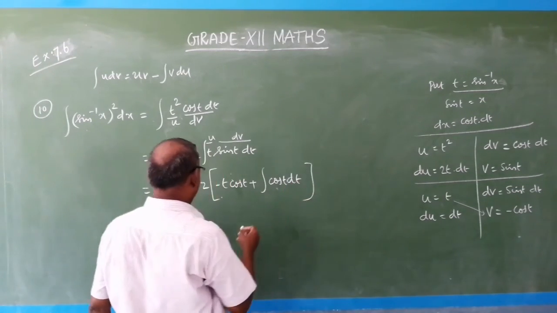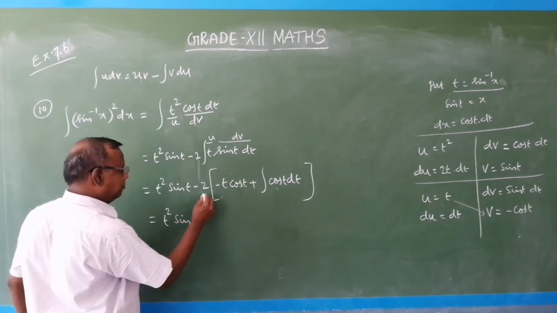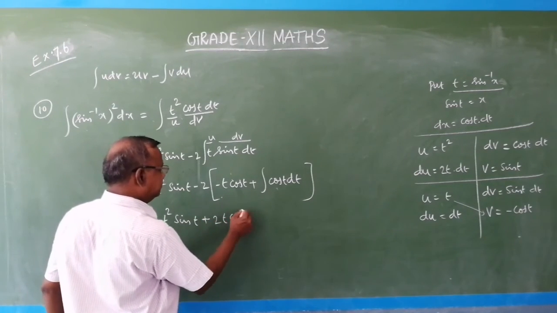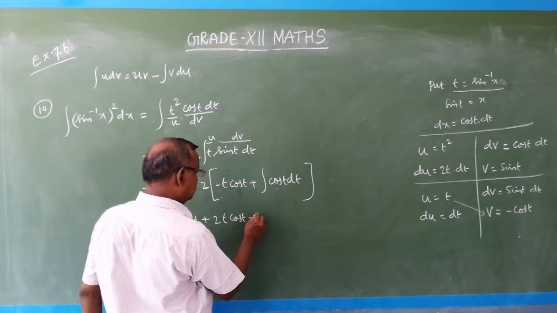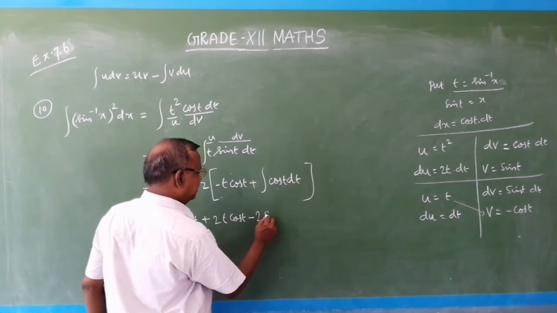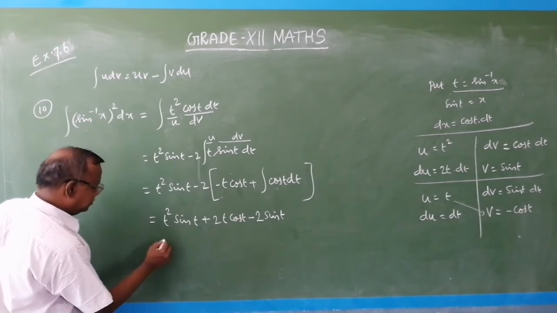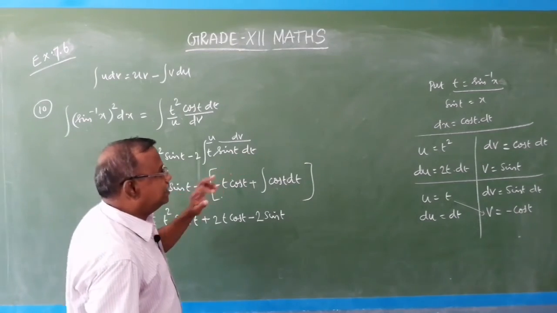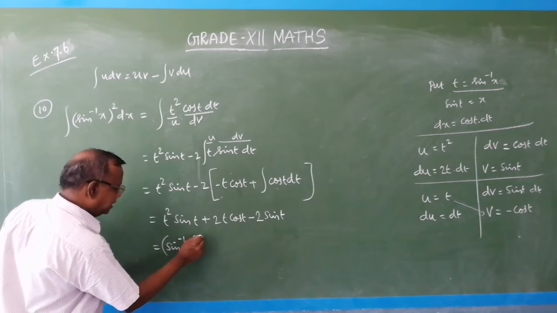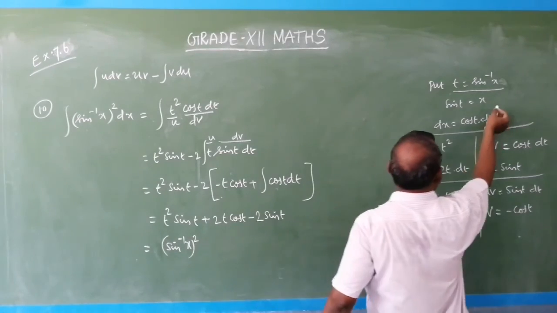Now, t square sin t minus into minus plus 2t cos t minus 2 into integral cos t means sin t. Now, we can recall the values of t square. T square means sin inverse of x the whole square, and sin t equal to x.